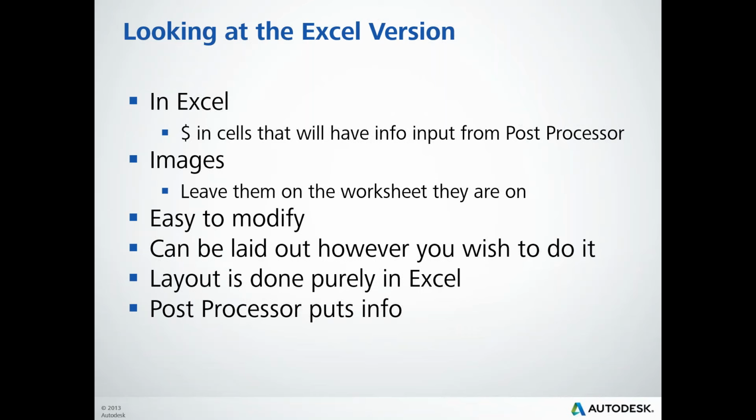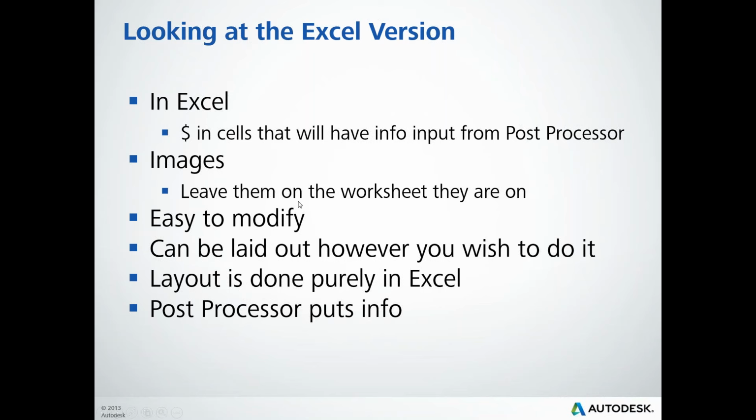But the one that actually has the part image, what exports out of Inventor or HSM Workstation, that one has to stay on the same sheet, just because of how it's linked in the rest of the programming in the background. That one has to stay there, or else it won't actually create an image of that part.